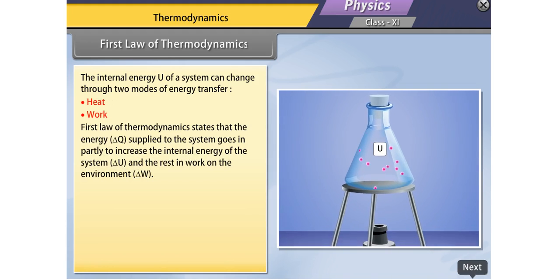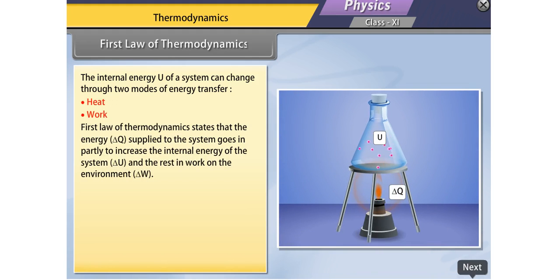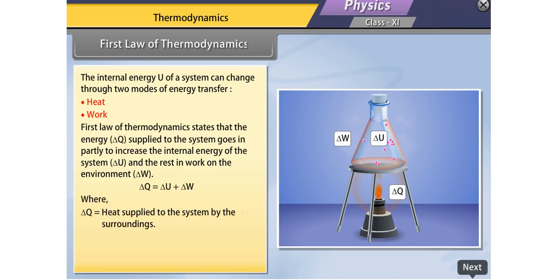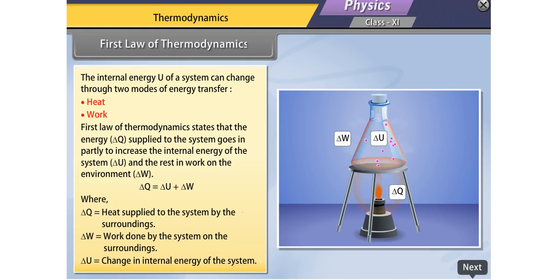First law of thermodynamics states that the energy delta Q supplied to the system partially increases the internal energy of system delta U and rest to do the work on the environment delta W. Delta Q is equal to delta U plus delta W, where delta Q is equal to heat supplied to the system by the surroundings. Delta W is equal to work done by the system on the surroundings. Delta U is equal to change in internal energy of the system.